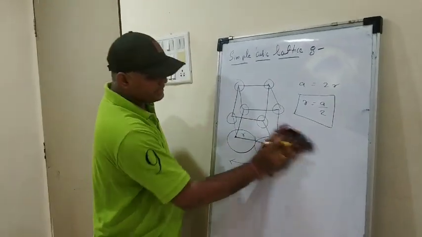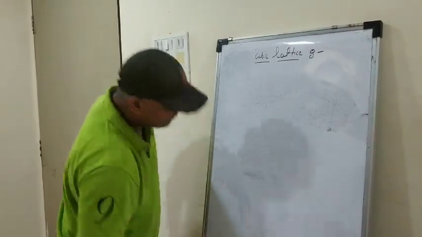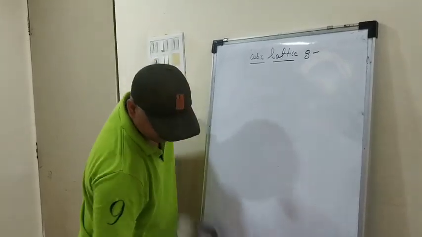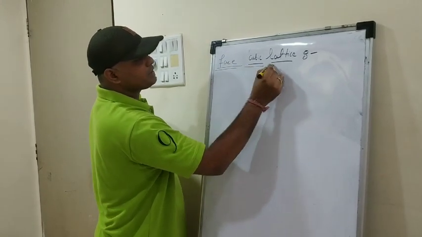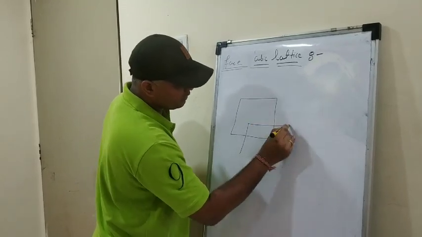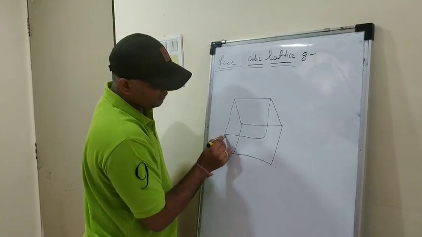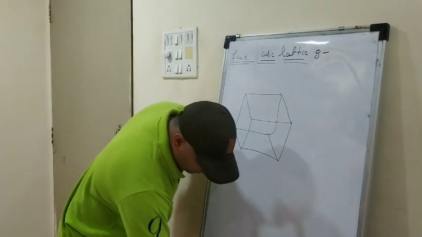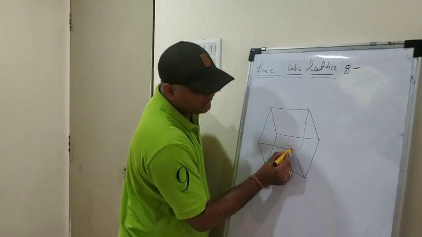Okay, now let's take the next example, that is the face centered. For a face centered cubic lattice, what will be the situation for the face? Let's draw the cubic lattice once again. Right? So here in this case, we know that the constituent particle is at the face.